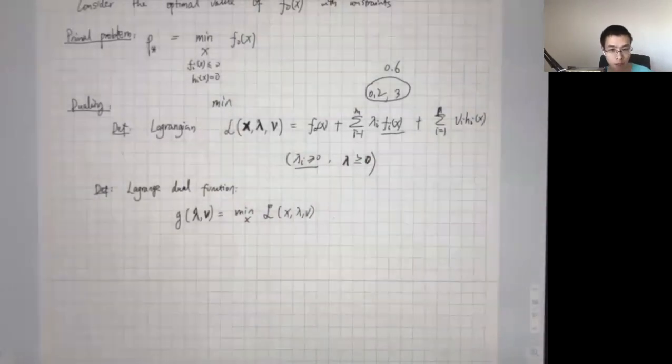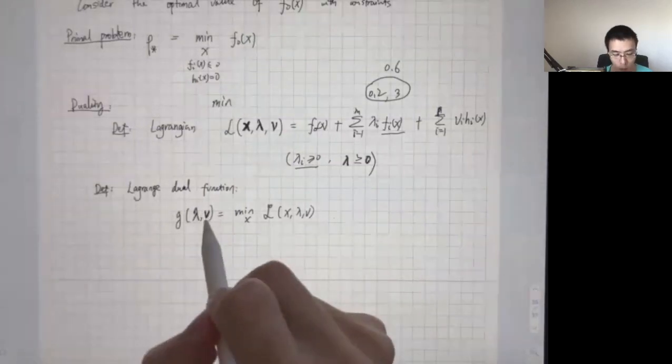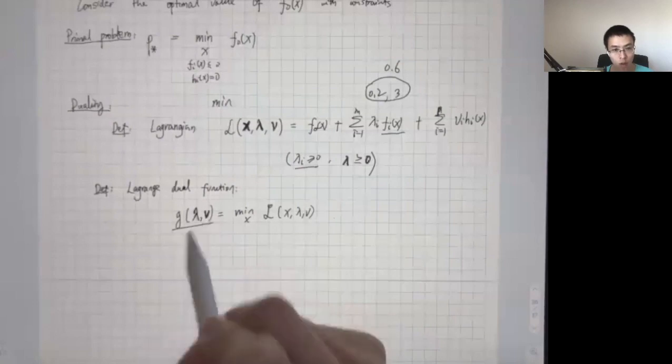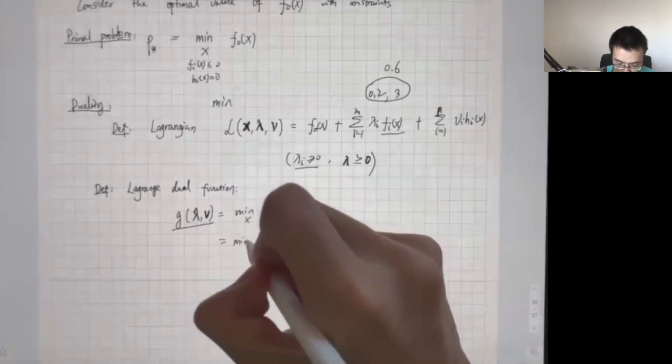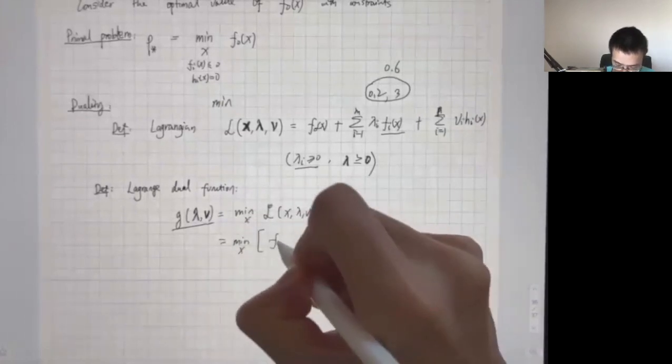I just eliminate the variable x. I assume lambda and nu are known, and I seek the optimum value for x. Then I eliminate x in the Lagrangian, but lambda and nu are unknown, so the Lagrange dual function is still a function of lambda and nu, which I can write out like this.